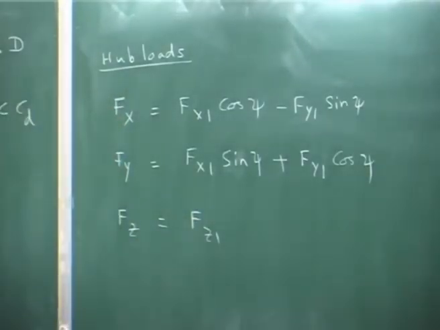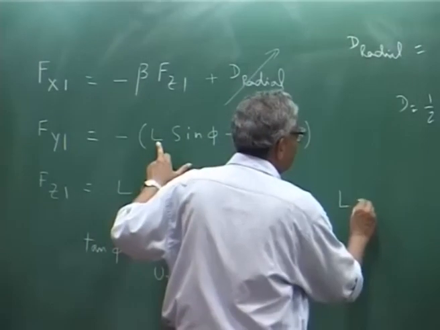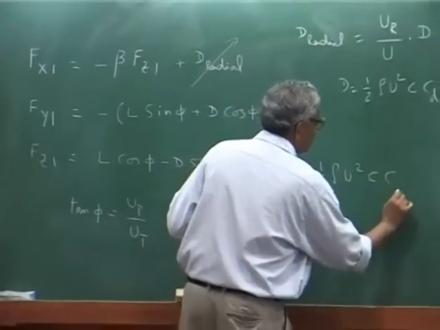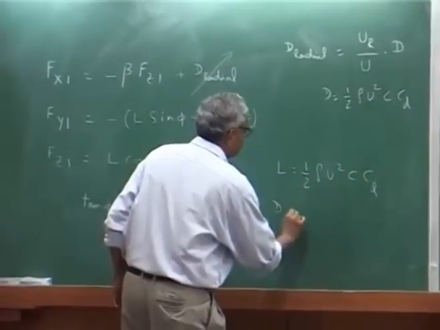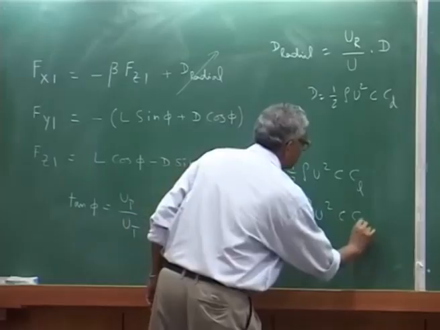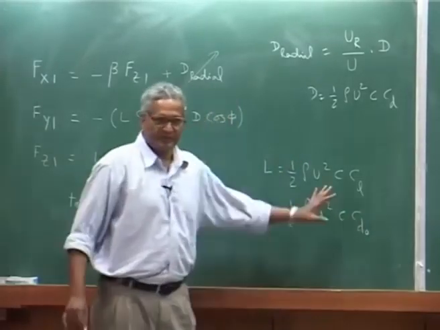Now, we have written the expressions in different forms. The reason I am writing this again is just for clarity, because we wrote L half rho u square c c l, and d we wrote half rho u square c c d naught, okay.